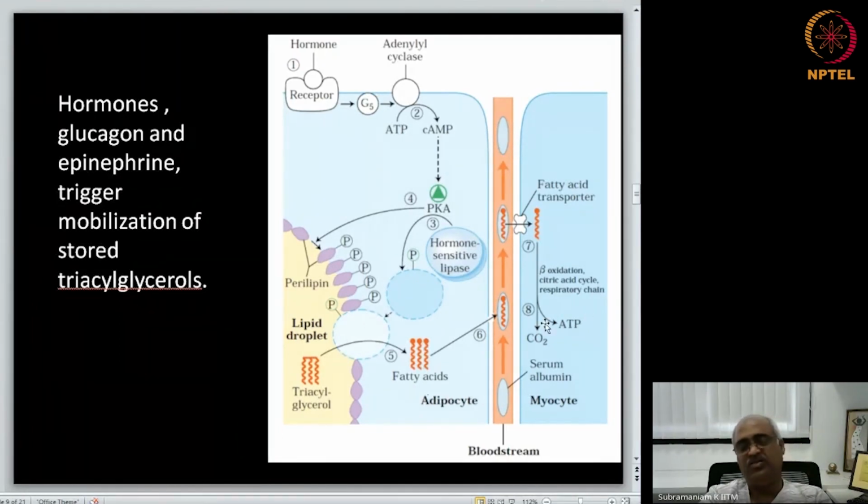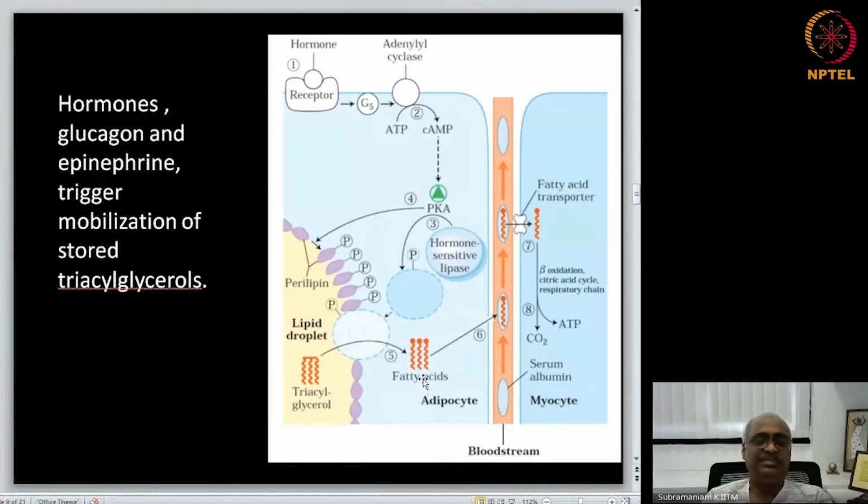These reducing equivalents via the respiratory chain are going to produce ATP and carbon dioxide. So this lipid stored in the adipose tissue becomes carbon dioxide and energy when you have vigorous physical activity, like very fast walking or jogging or other household manual labor work. When you do this, this is what happens.